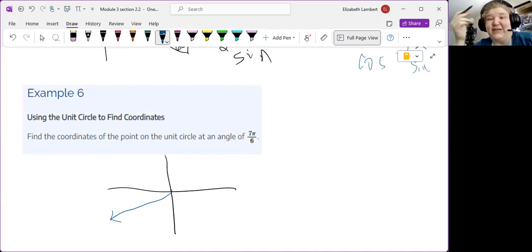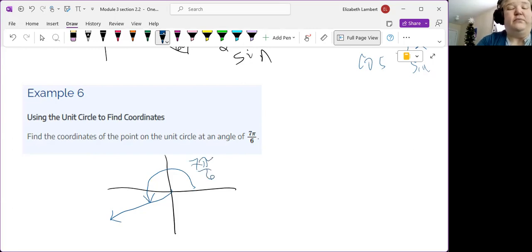And that reference angle is pi over 6. So this one here is 7 pi over 6. If I draw in that little vertical line going back to the x-axis, if I take pi off of this, it's going to be pi over 6.